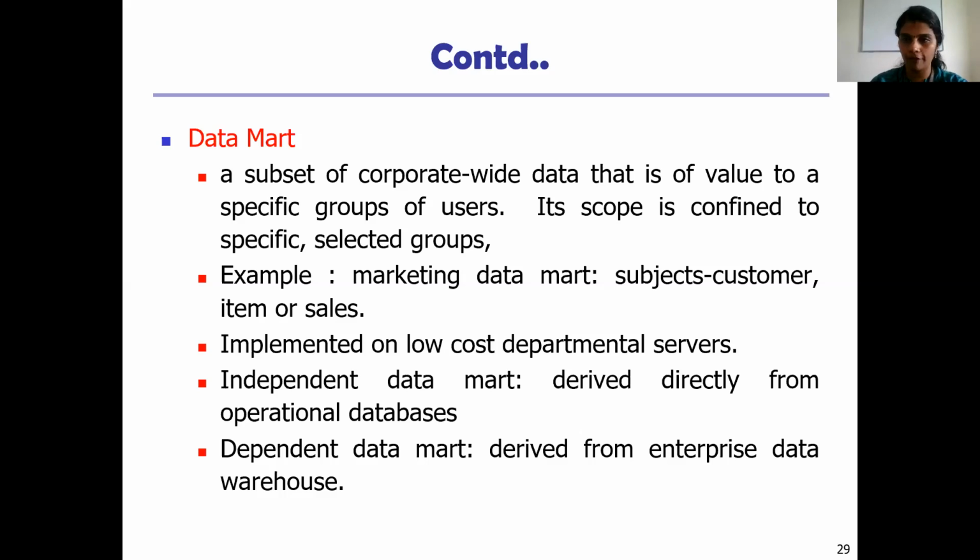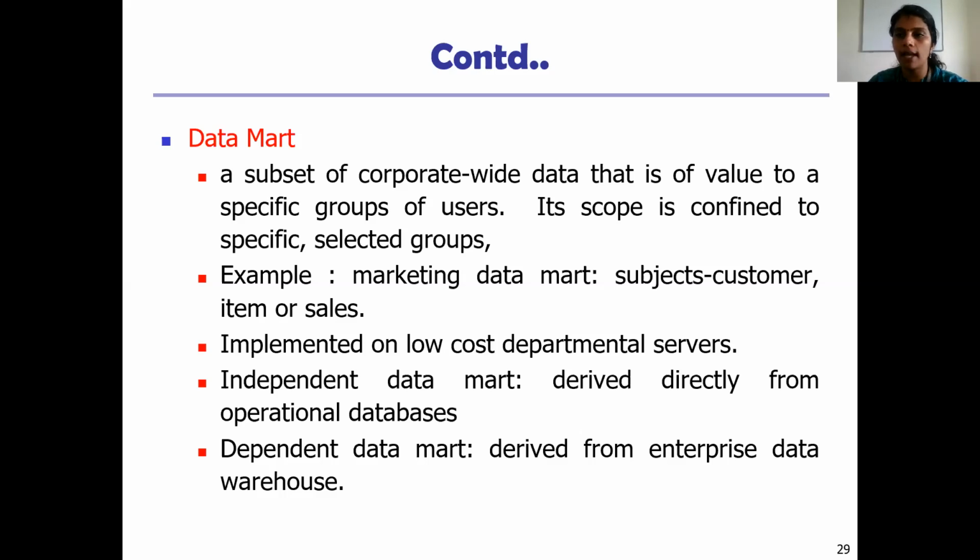I hope you know the difference between operational databases and a data warehouse, right? Operational databases are heterogeneous. There will be multiple operational databases belonging to a particular organization, and they consist of data which is used for day-to-day operation. That's why they are called operational databases, used for day-to-day transactions or operations.